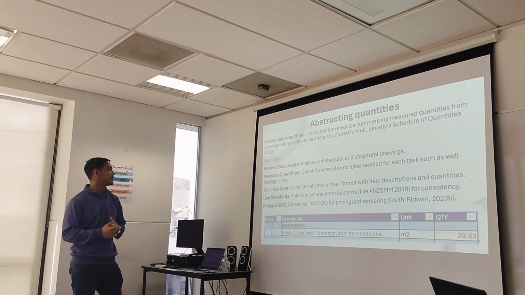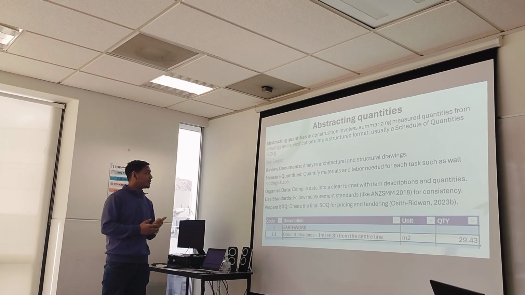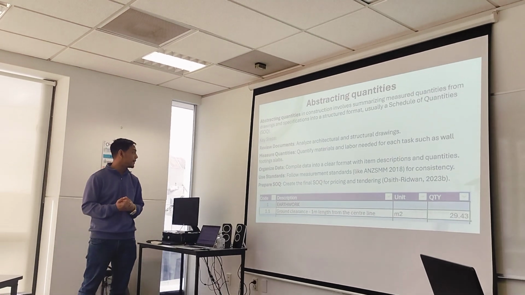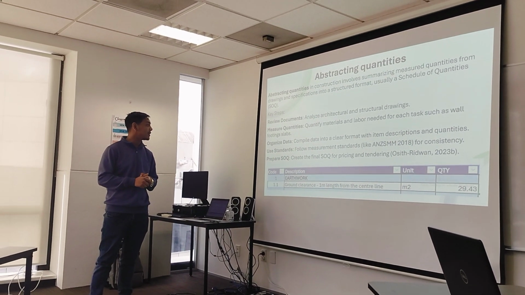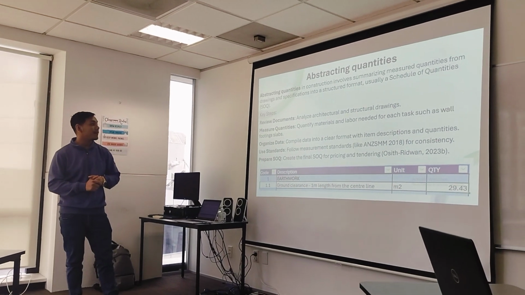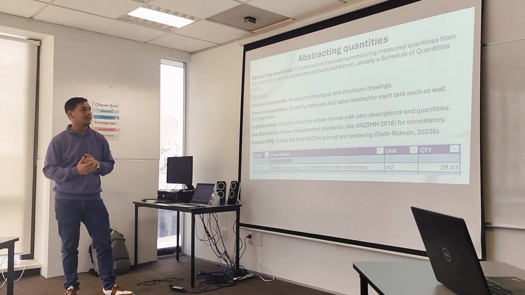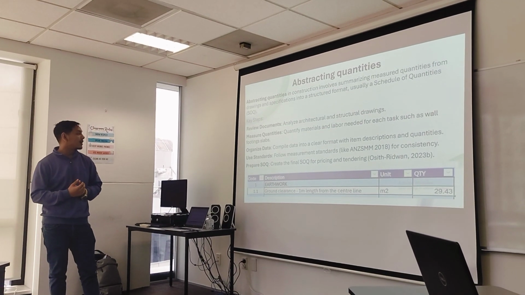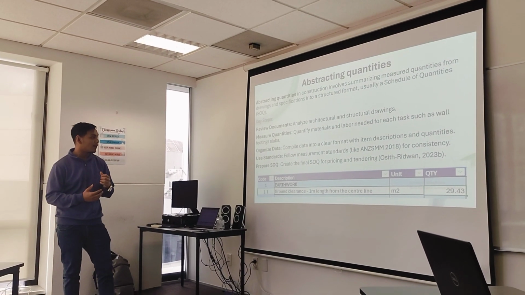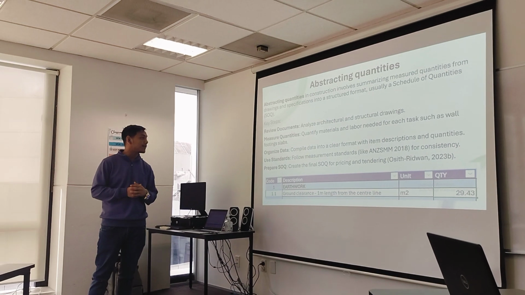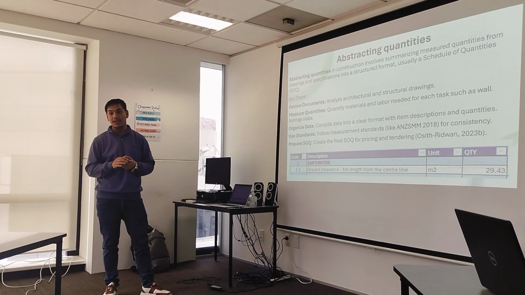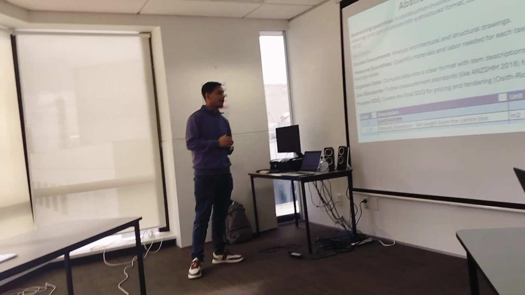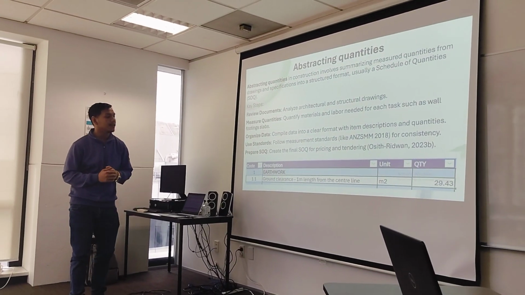The key steps are: analyze the structural or architectural drawings, measure quantities, quantifying materials and labor needed for tasks such as walls, footings, and slabs, and organize the data in a clear format with item descriptions and quantities. We need to use the standard method of measurement, ANZ.